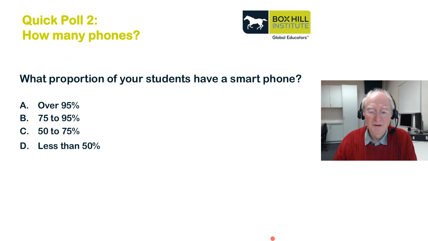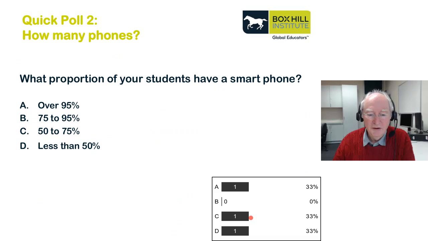We can move on. What proportion of your students have a smartphone? This might be difficult if people are just supporting other people, but let's get a bit of a sense of it anyway. So I'll just turn that one on.